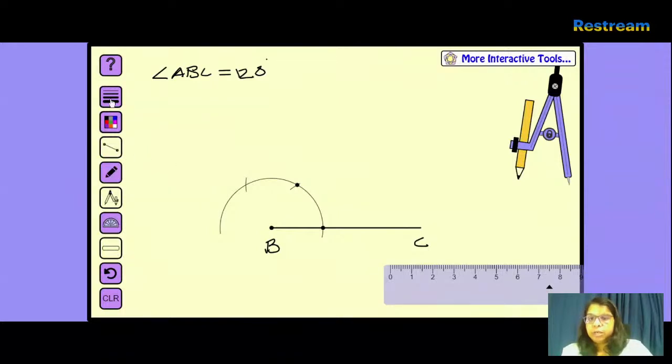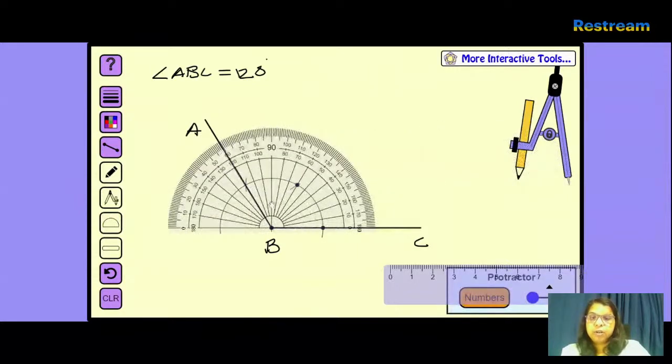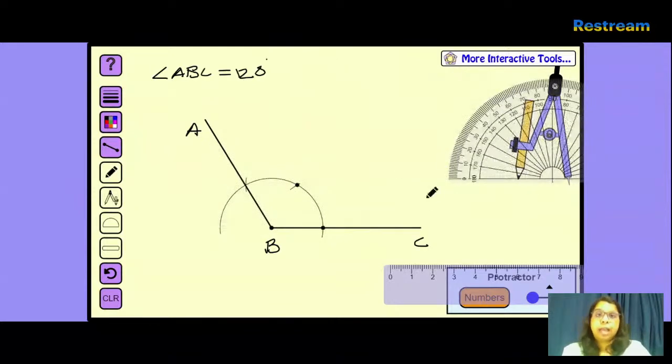Okay, so I'm going to take my line and pass it through this point specifically. Now this is my point A. Now if I want, I can check whether this angle is really 120 degrees. If you see, this angle is really 120 degrees. So this is how you will construct your 120-degree angle.